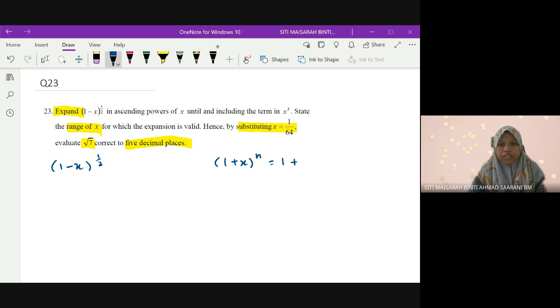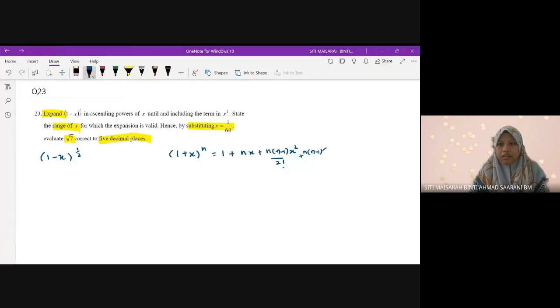This becomes 1 plus nx plus n(n minus 1) x square over 2 factorial plus n(n minus 1)(n minus 2) x cube over 3 factorial. Okay, what is n here? n is 1/2. And x here is, this component, it is supposed to be negative x.